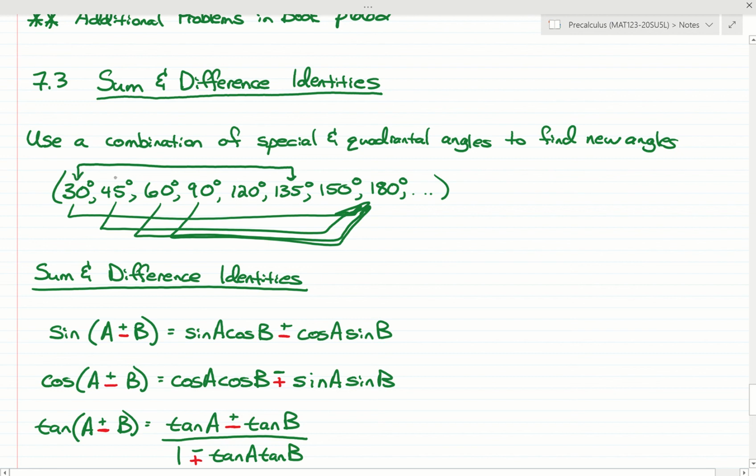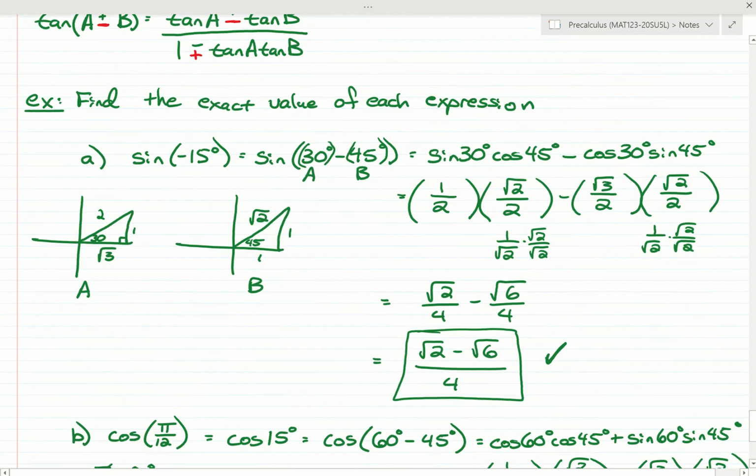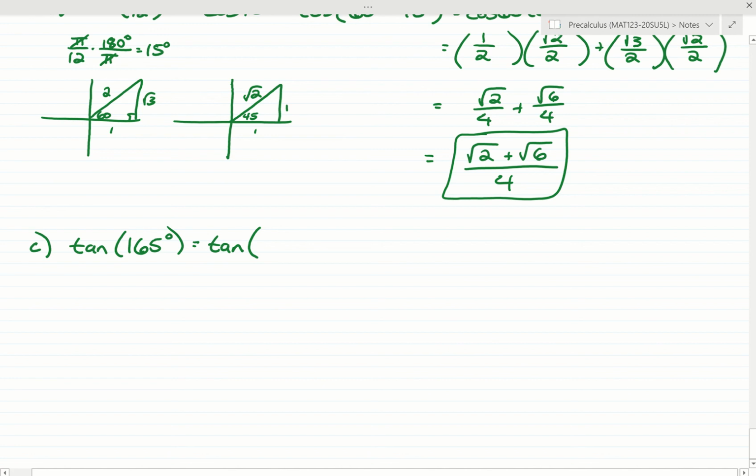We could also do 45 and 120. That would give us the same answer. So it doesn't matter which one we use. I'm kind of in the mood to use 30 and 135. So let's see how this pans out here. So 30 degrees plus 135.